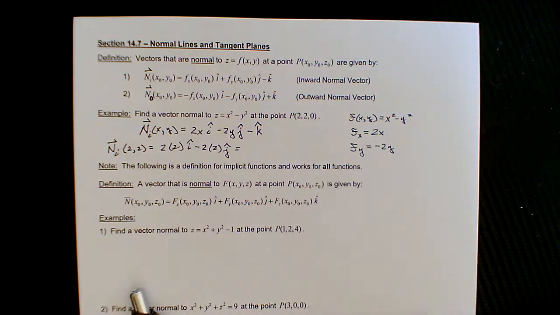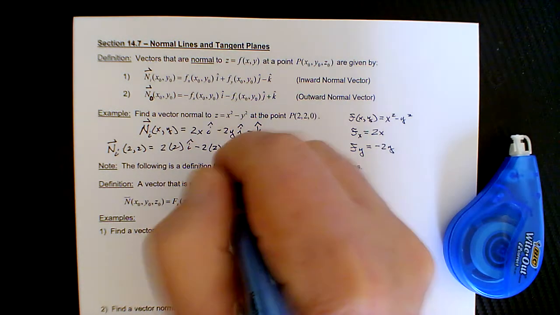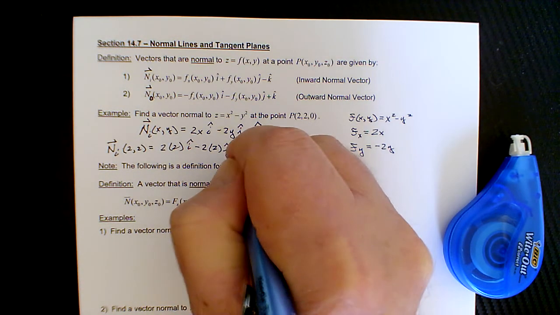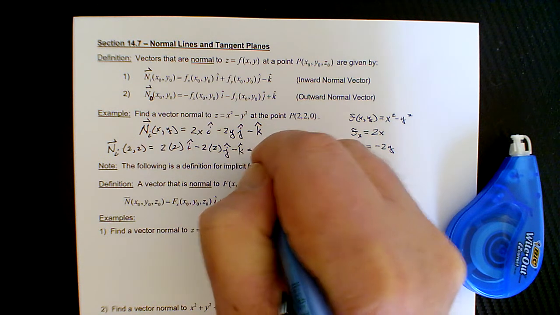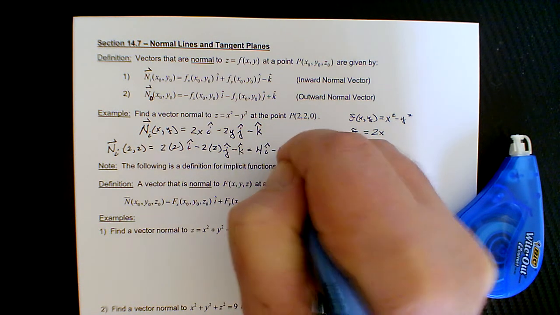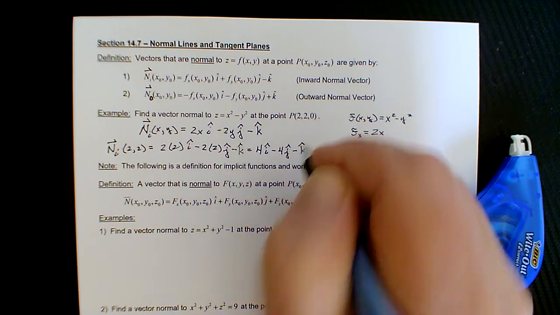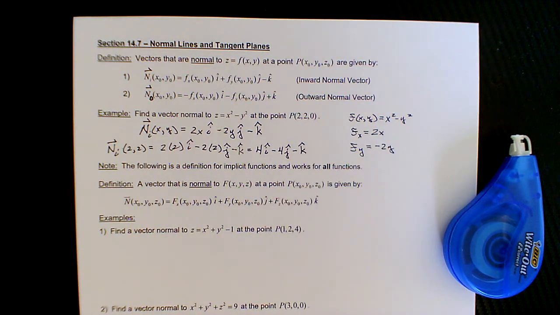Oops, and then we carry along the negative k, of course. So it looks like 4i minus 4j minus k. Okay, so that's all there is to that.